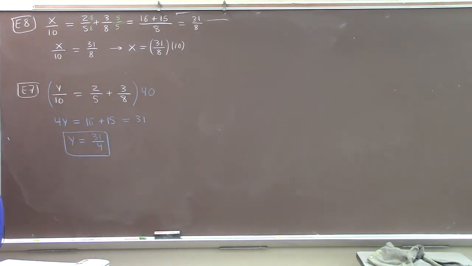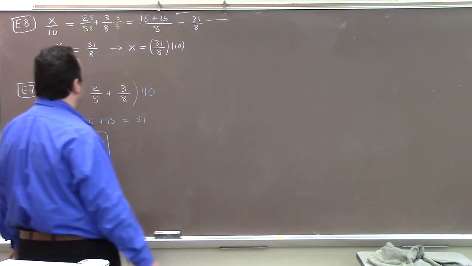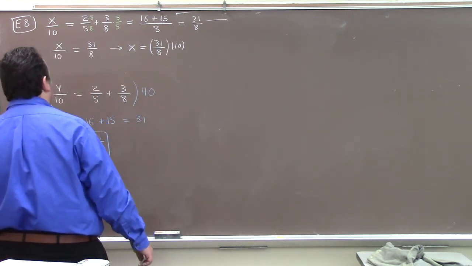And what's that work out to? That does not seem right. 155 over 4, huh? 38.75, which one do you want?